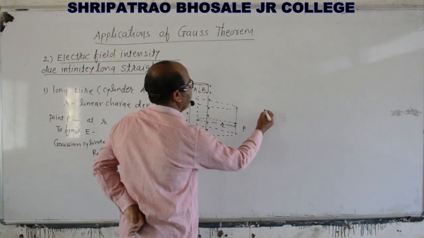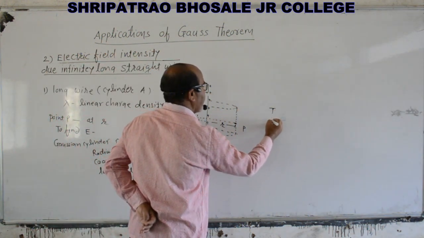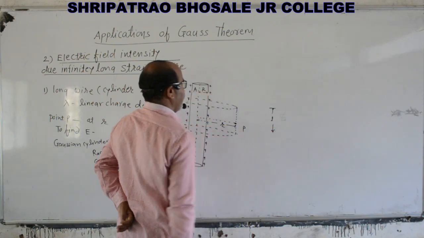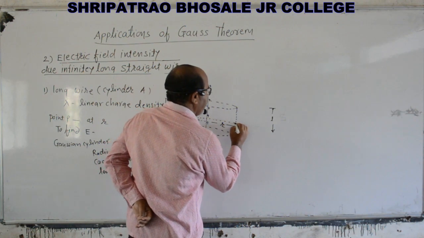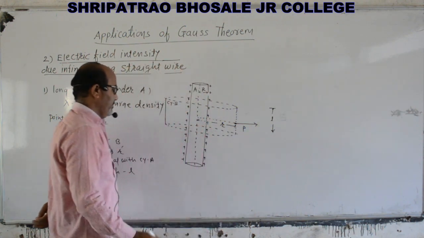This length of the cylinder is L. Let E be the electric intensity at point P.